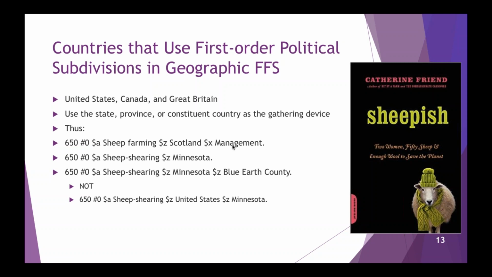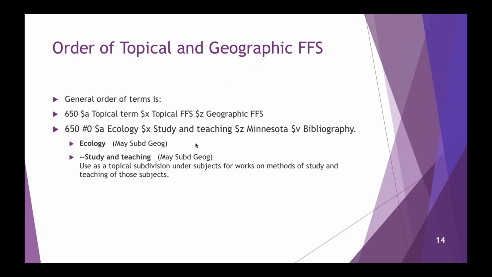So when you have a topical free-floating subdivision and you want to make use of, and are allowed to make use of, a geographical free-floating subdivision, the geographic term has to follow the last term that allows geographic subdivisions. So, and this is that slide explaining that, sorry.